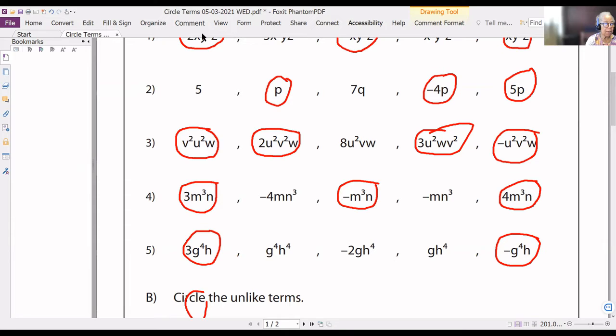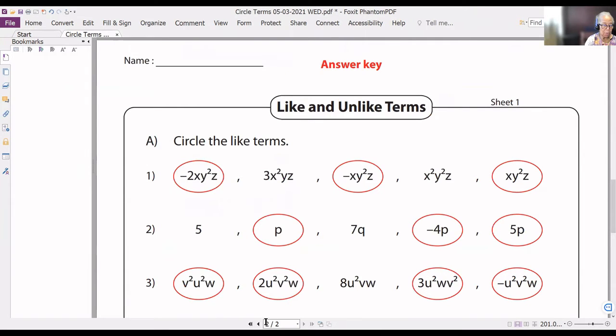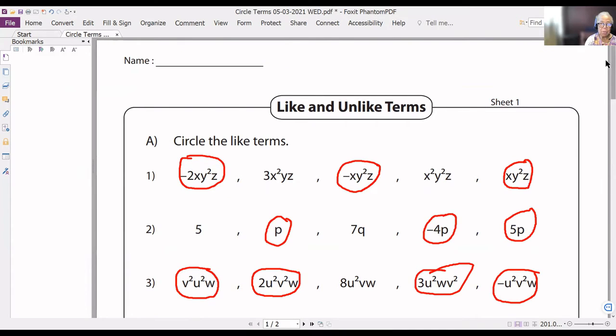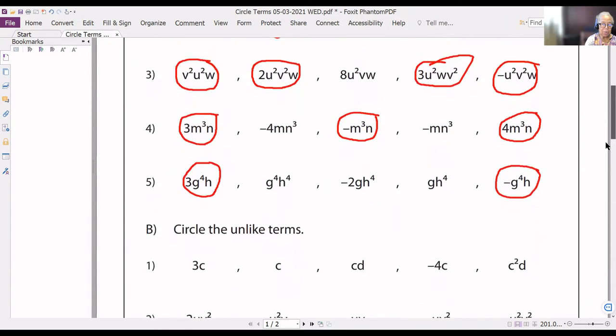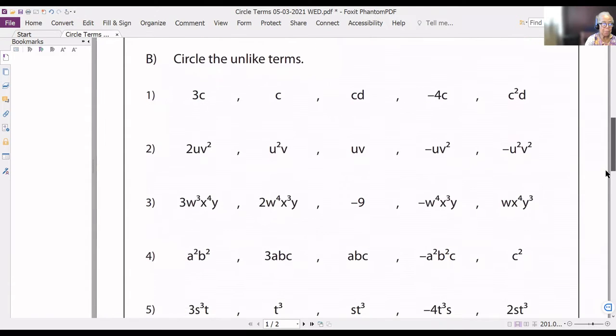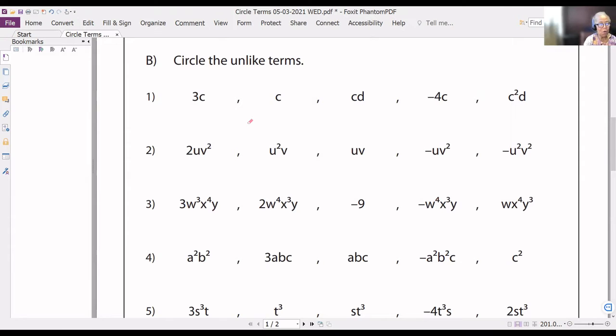Now let's look at the unlike terms. C, C, C are like, so the unlike would be C D and C squared D. Now, what is unlike here?